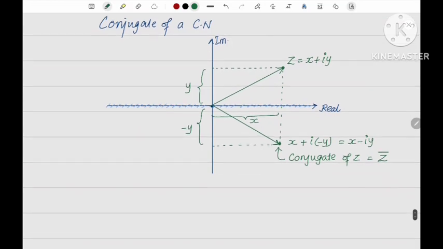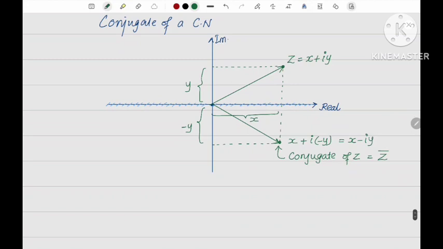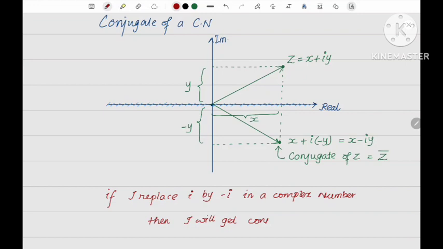So in very simple terms, if I replace i by minus i in a complex number, then what will I get? I will get the conjugate of it, right?